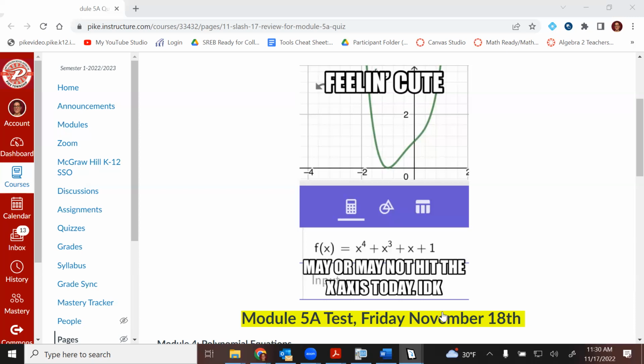So I can take this one right here. What would I do with x plus 1 if I wanted to know where the x-intercepts were? Yep, I need to set it equal to 0 first, and then I would subtract 1 from both sides. If x equals -1, that would be an x-intercept.